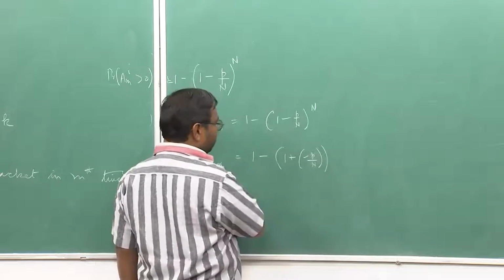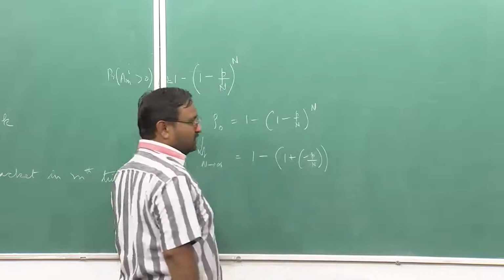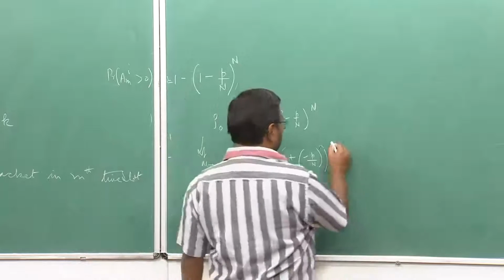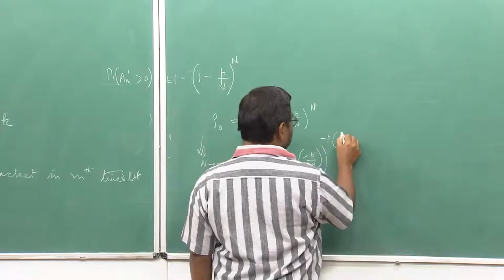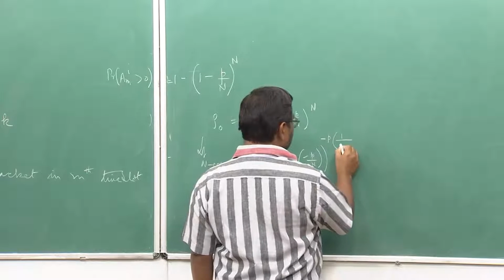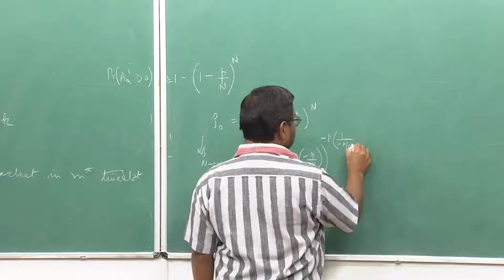So, when n goes to infinity, p by n goes to 0 actually. So, I can write here the power minus p, 1 over minus p by n.